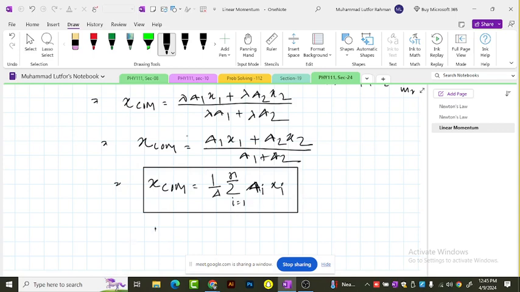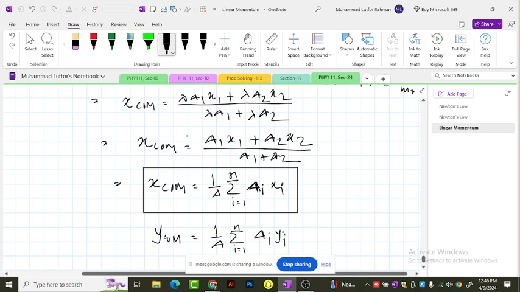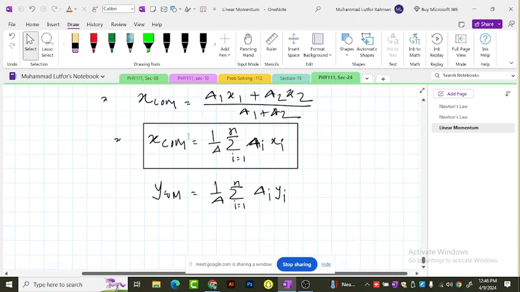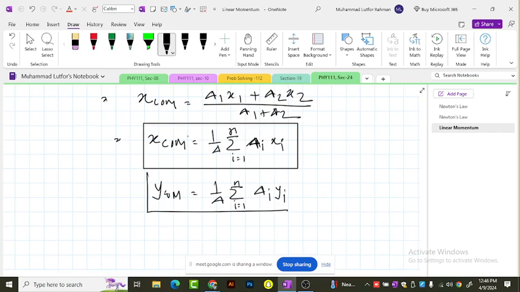The same way you can write the ycom: 1 over a, summation i from 1 to n, ai yi, right? This will be the center of mass for the two-dimensional case.